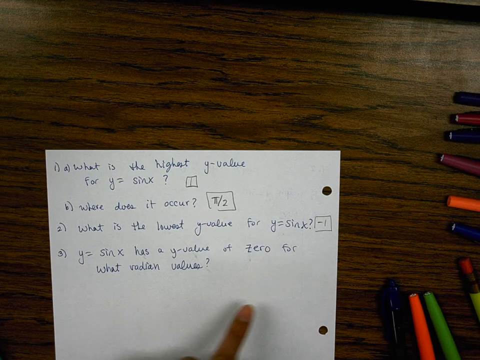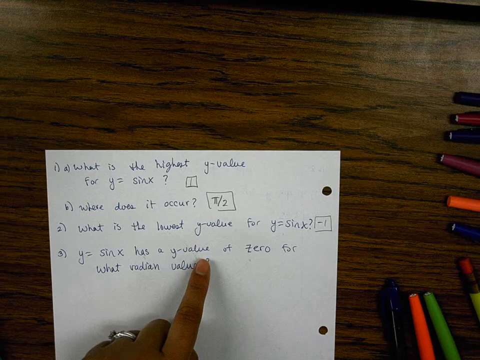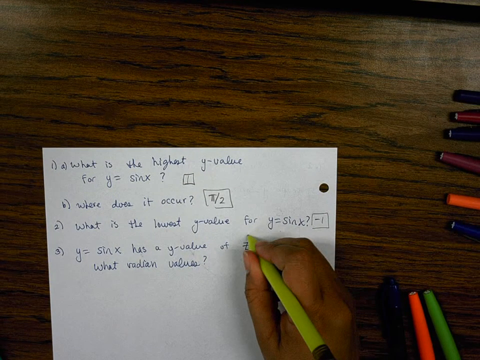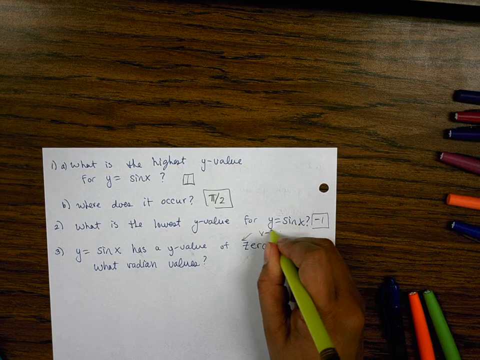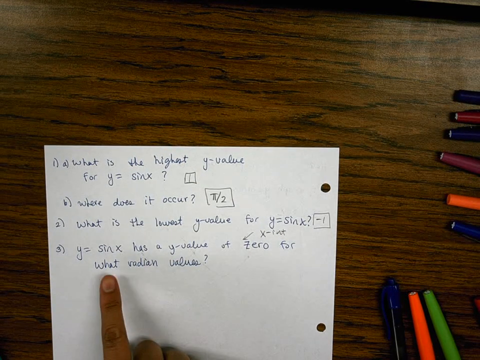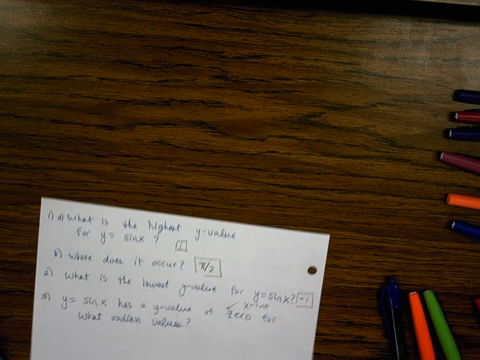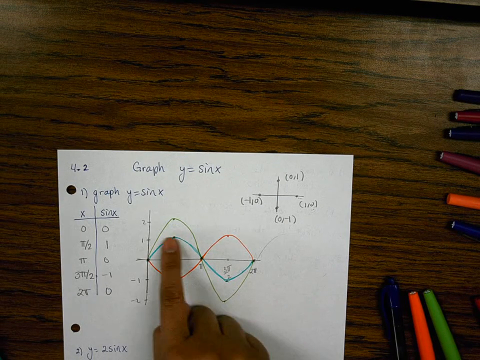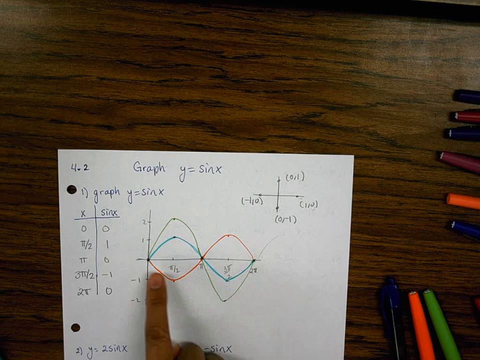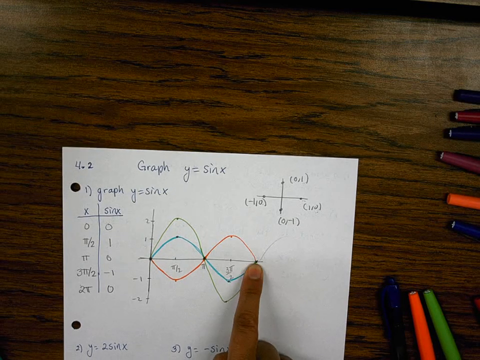Okay, the function y equals sine x has a y value of 0 for what radian values? So at what x values is the y value 0? That's another way of asking for the x-intercepts. They are asking you for the x-intercepts. For what x value, that's your radian value, for what x value is the y value 0? For, again, the original blue function, 0, 0, 0. There are 3 places, 3 x-intercepts.